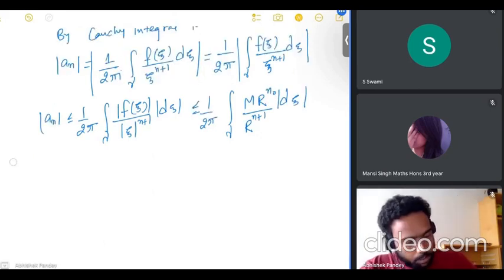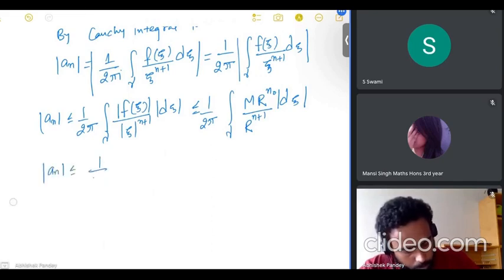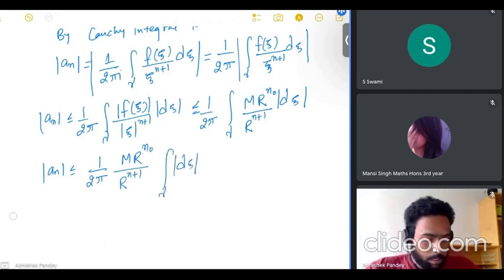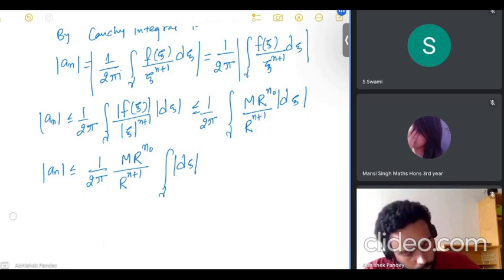So this we can take out: M r to the power n naught upon r to the power n plus 1 integral over gamma mod d psi. And what is this integral over gamma mod d psi? This is the length of the curve gamma, which is nothing but 2 pi r. So this is 1 upon 2 pi M r to the power n naught upon r to the power n plus 1, times 2 pi r.